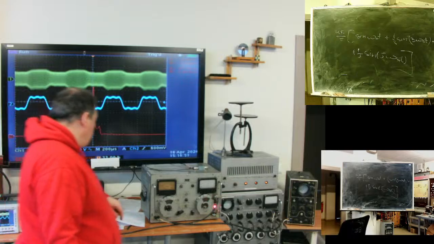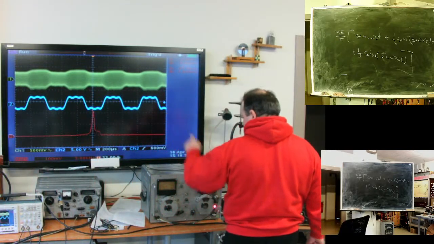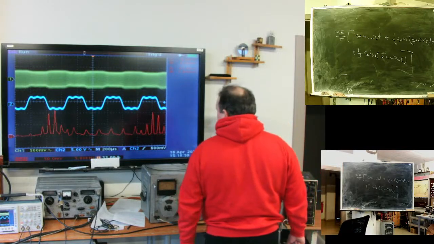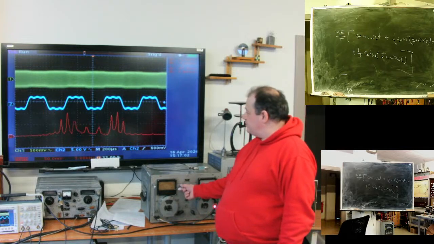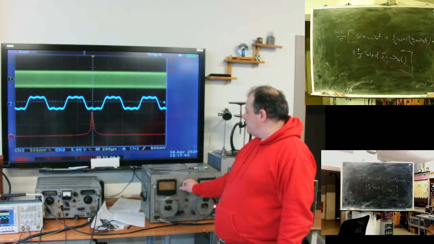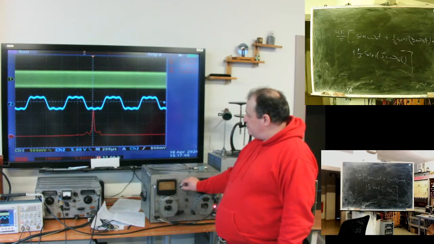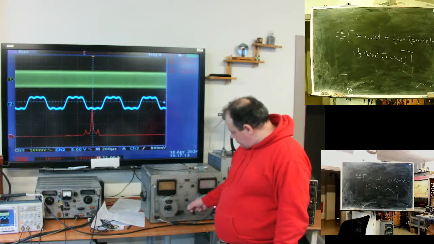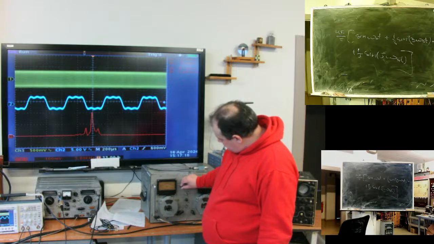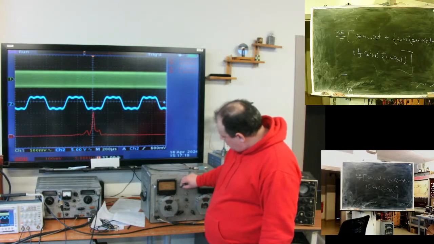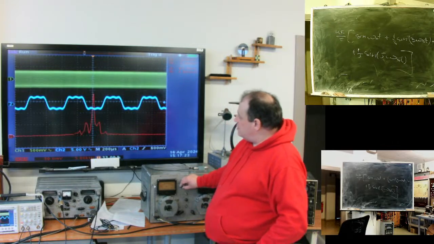Okay, now I see the amplitude modulated signal. Frequency modulated signal. Zero modulation depth. Frequency deviation 1 kilohertz.